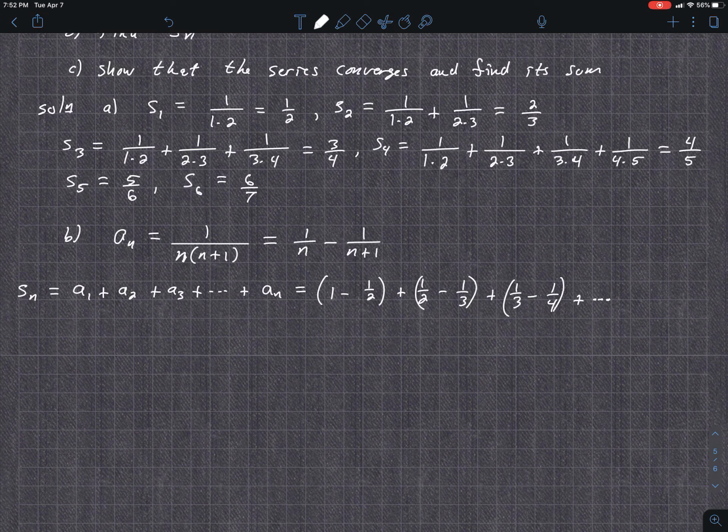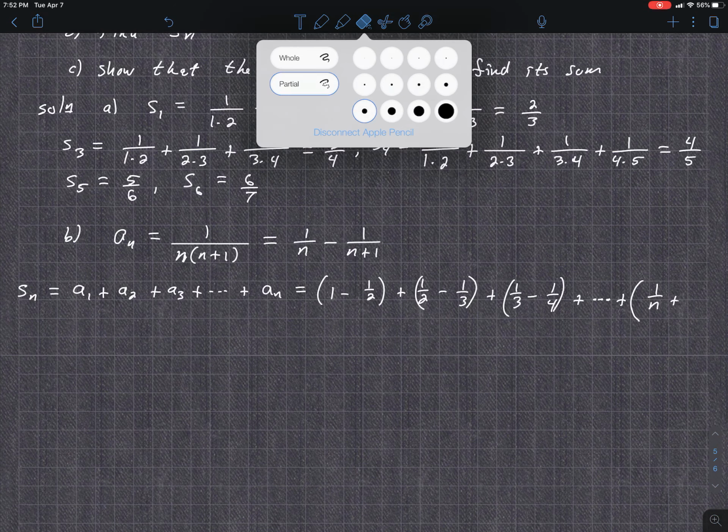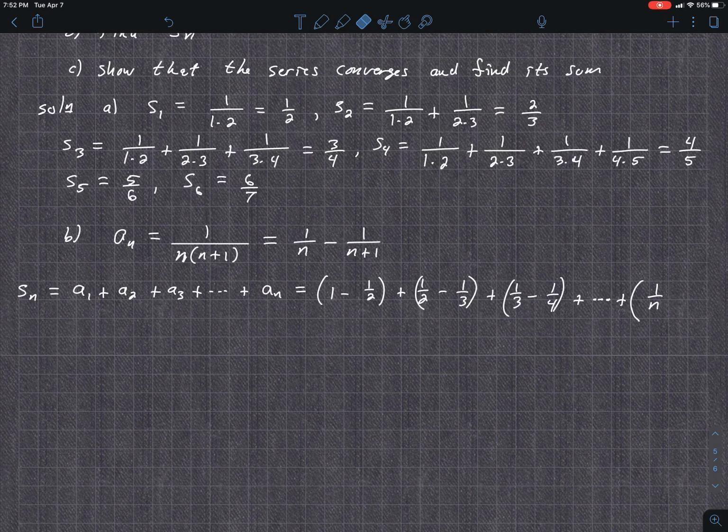And you got to check this stuff as I'm doing it, because I'm not doing it in my head either. I'm copying, but you can show it if you just take your time a little bit. Pause the video once in a while. And then you get 1 over n minus 1 over n plus 1.